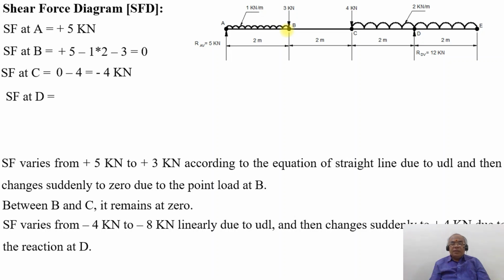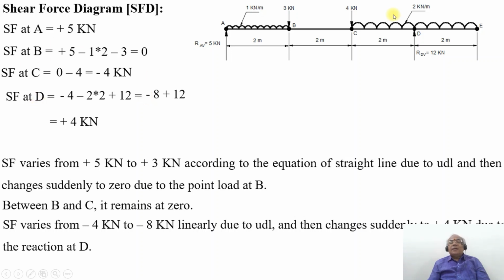SF at the point D will be equal to minus 4, then minus 2 into 4, which becomes minus 8, plus 12, because the load acting at the point D is acting upwards, which is 12 kilonewton. So minus 4 minus 2 into 2 plus 12 is minus 8 plus 12, which will be equal to 4 kilonewton.